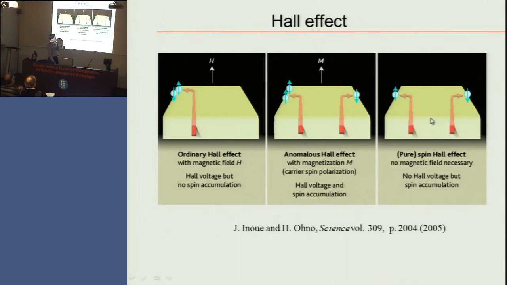Spin up can deviate like this, spin down can deviate like that. Finally, spin accumulation can happen depending on the orientation of spins. Although the number of electrons on this side and that side is the same, so you don't have any transverse voltage, you have a transverse spin accumulation. This is called the spin Hall effect.